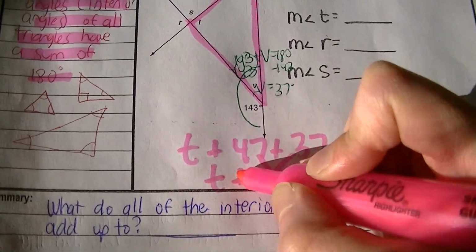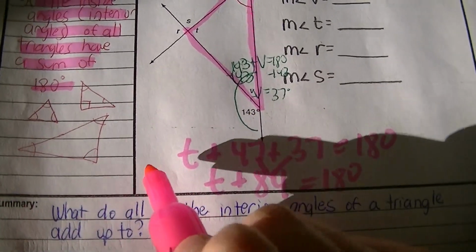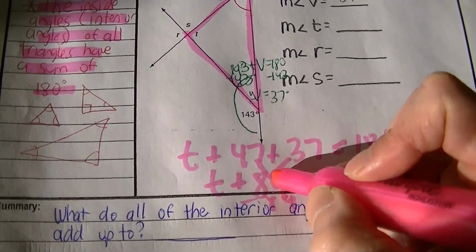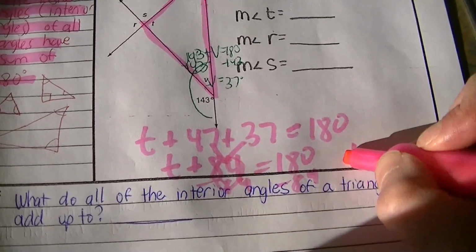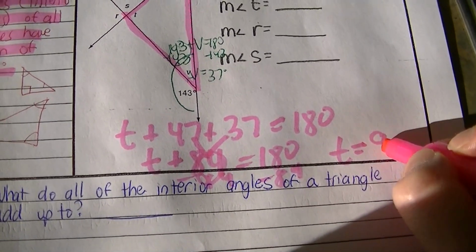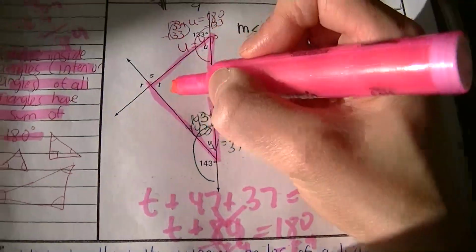So you have T plus 84 equals 180. Then from there we built it. We started with T, then we added 84. So we're going to subtract 84 from both sides. So 84 take away 84 is 0. So T is equal to whatever 180 minus 84 is. And I think it's 96. Let me know if I'm ever wrong, okay? So right there, T is 96 degrees.